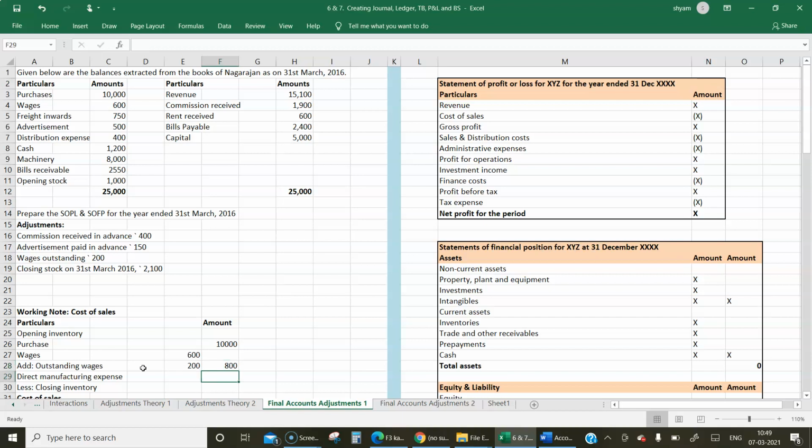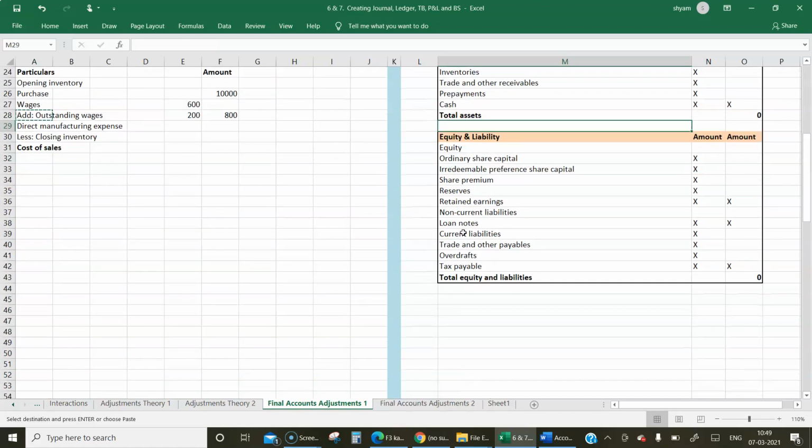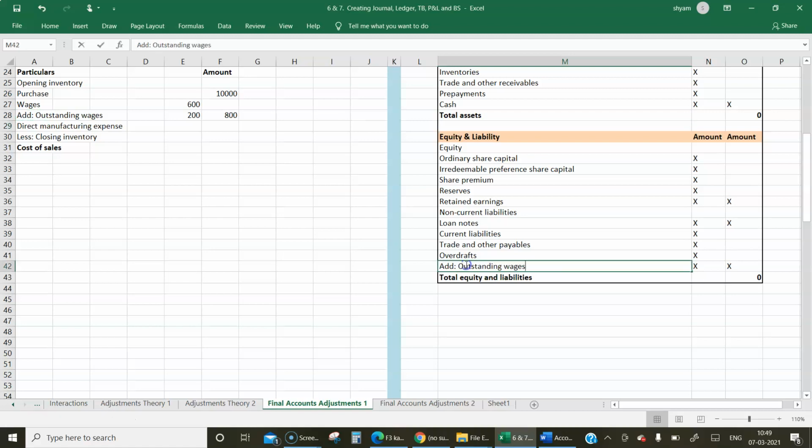Okay. So where does this outstanding wages go? Outstanding wages is what we have to pay. So it is a liability. So we have to take this number from here and put it on the current liability side. So we'll put it in here. So the amount is 200.